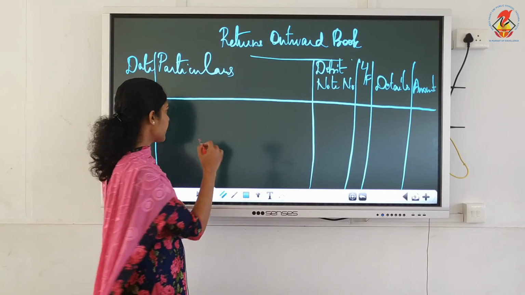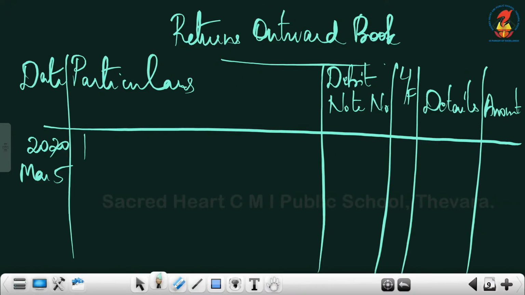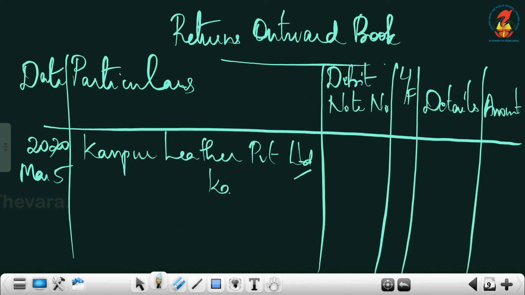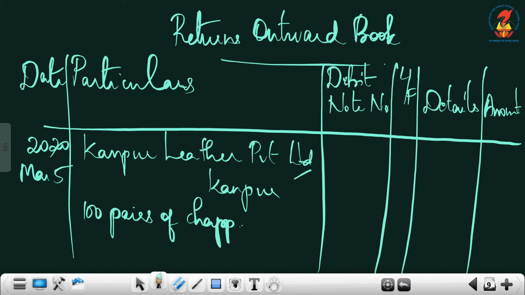So we are purchasing and then returning. What's the name? Kanpur Leather Private Limited. The item is 100 pairs of chappal at the rate of rupees 300 per pair.